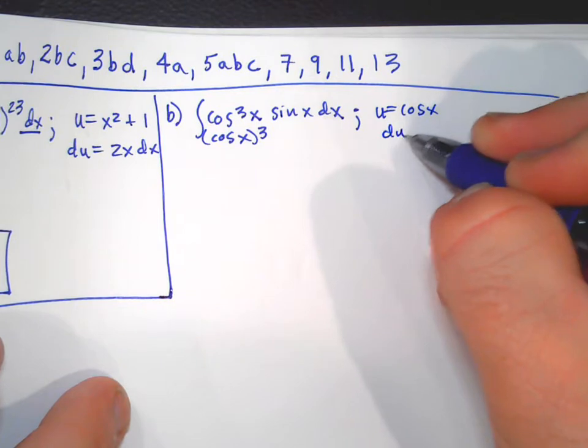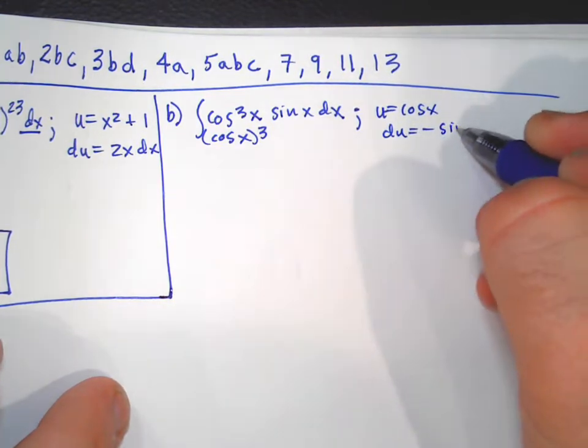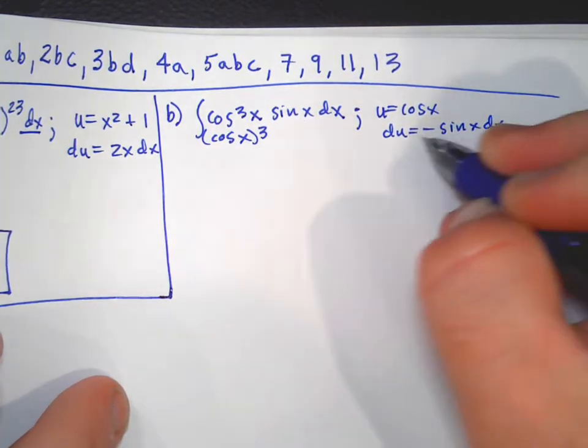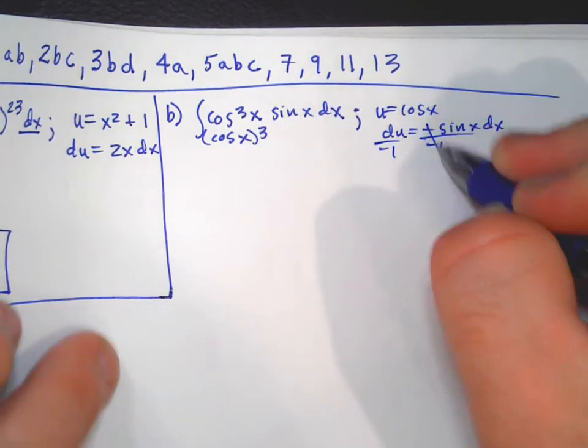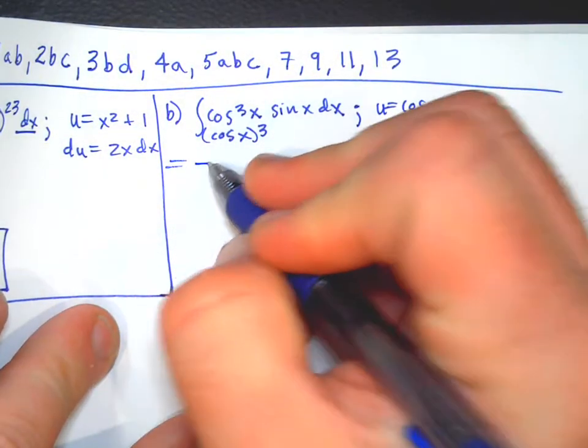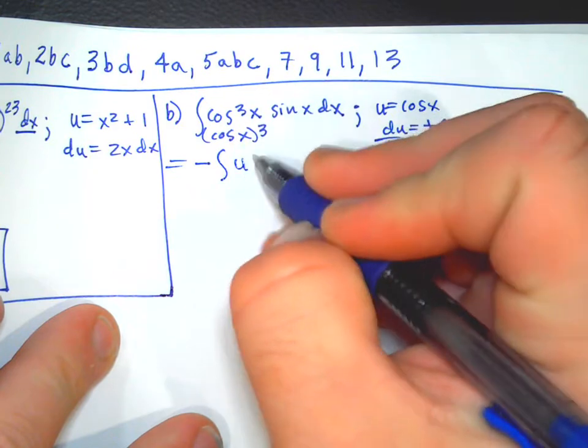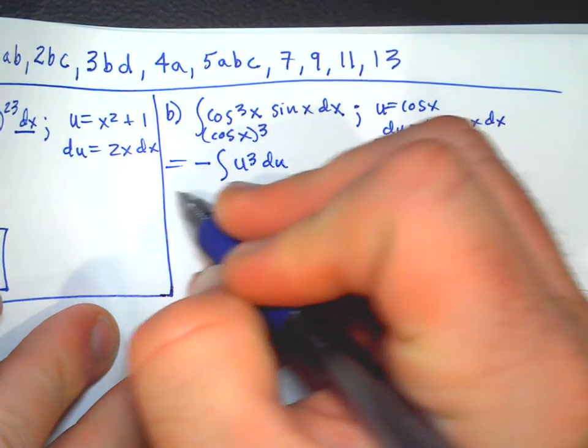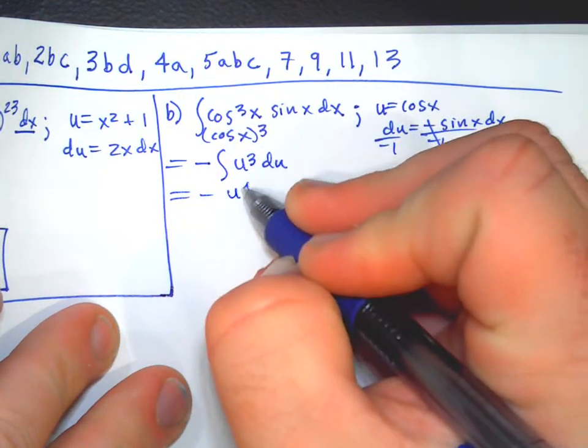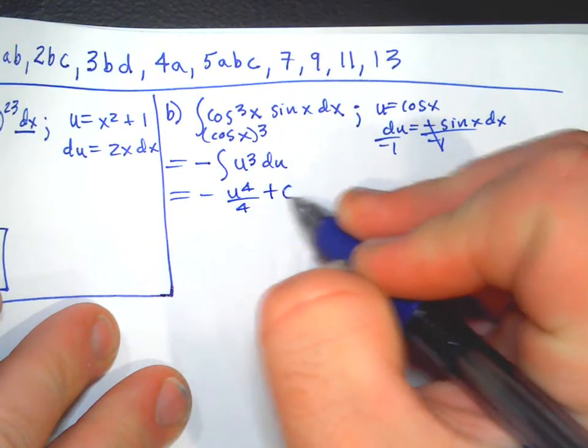So du equals negative sine x dx. Don't forget the negative. I don't want the negative, so I'm going to divide by negative 1. When I rewrite, I'm going to put the negative out in front. It's going to be negative u cubed du, so negative u to the 4th divided by 4 plus c.